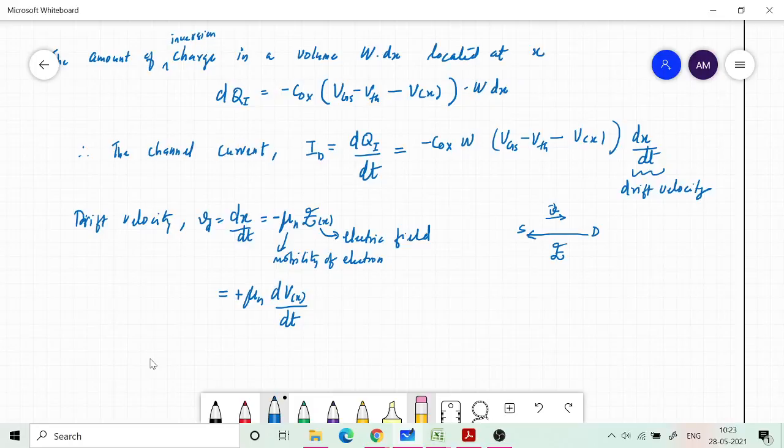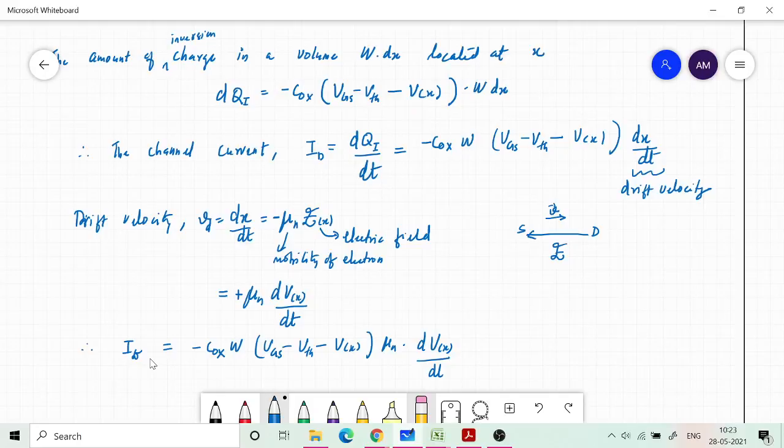Now let's substitute this back into our dx by dt here. Therefore ID is going to be equal to minus Cox W Vgs minus Vth minus V of x into mu n into dV of x by dt.